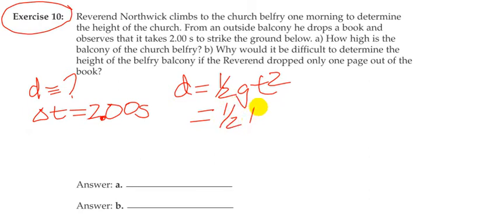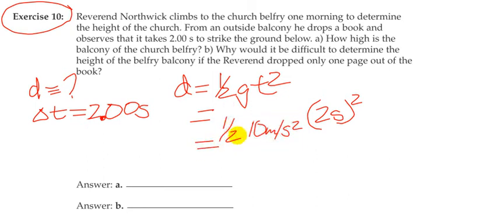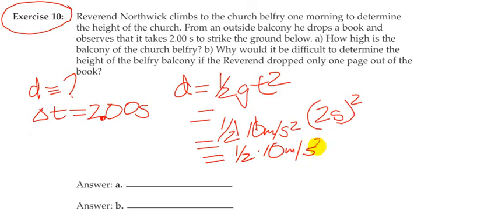1/2 times 10 meters per second squared, and our time is 2 seconds, all that squared. We get 1/2 times 10 meters per second squared times 4 seconds squared.